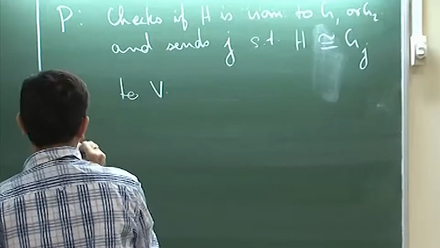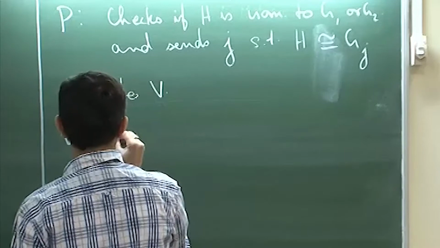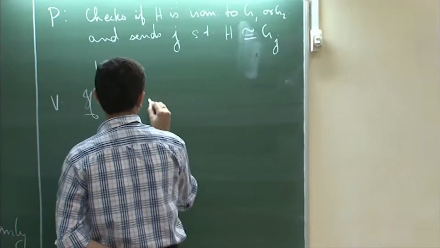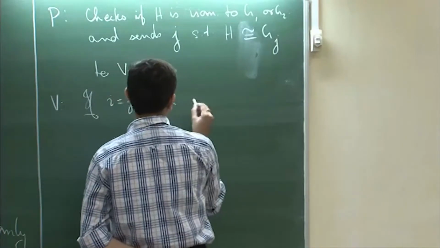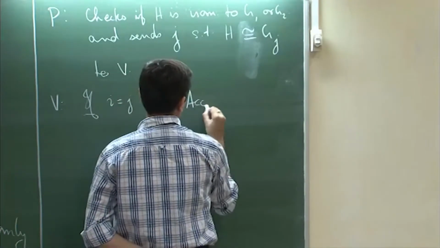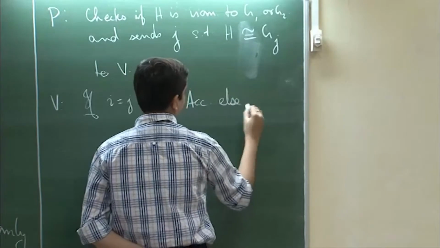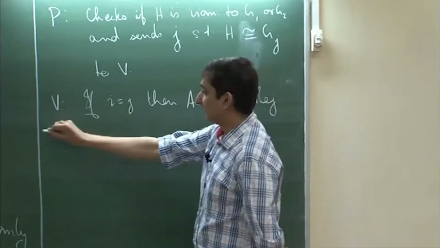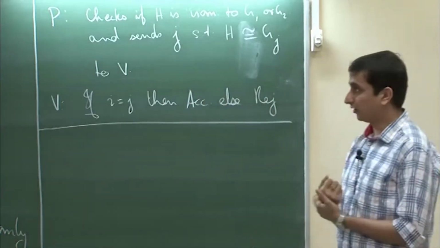And now what the verifier does is, if I is equal to J, then we will accept, else we will reject. Okay. So, that is the complete protocol.